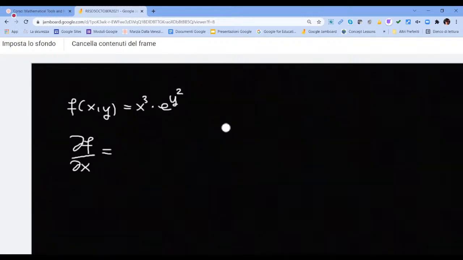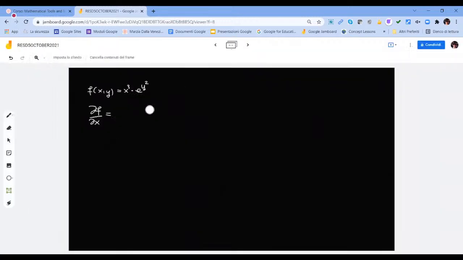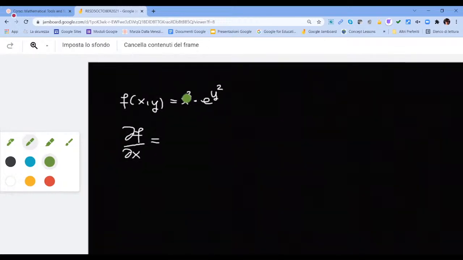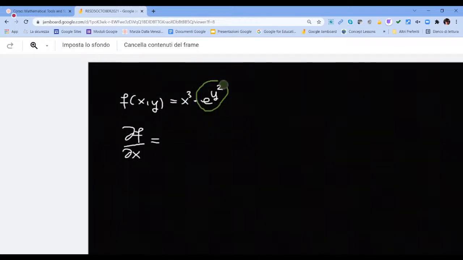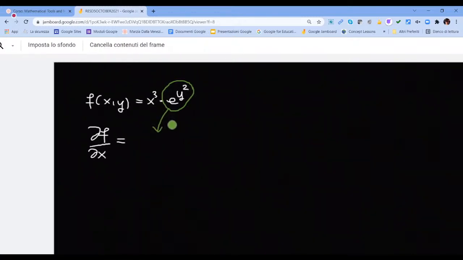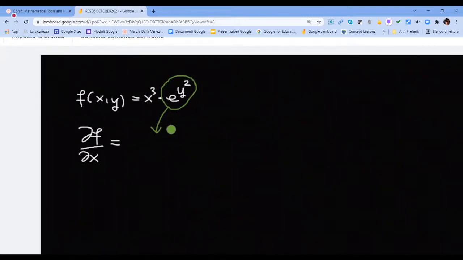But these two pieces are one something that depends only on x, and the other one depends only on the variable y. So it is easier, because if you have this product, you can consider this term as a constant.